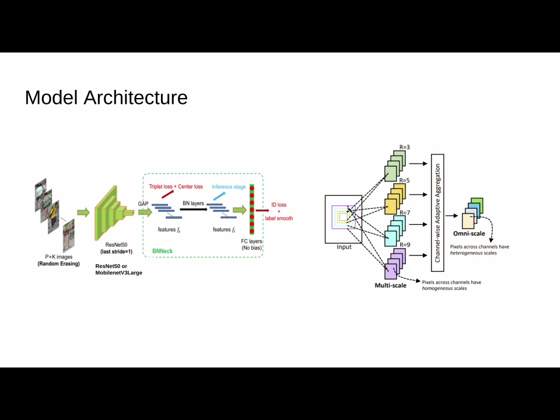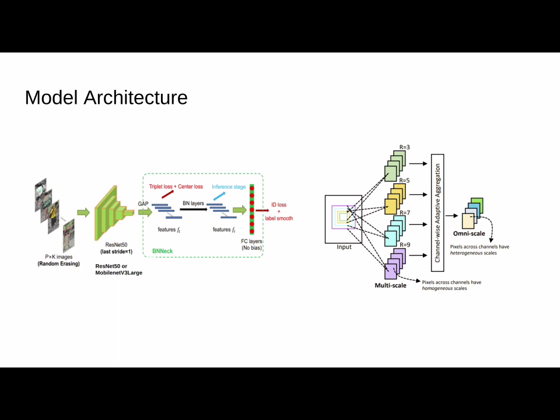And then to speed up training, we apply batch norm on these features, and then we pass those normalized feature vectors to a fully connected layer. Now the fully connected layer is of no use during inference because we have never seen the people that we are trying to re-identify. The only thing that we will have is a reference image.